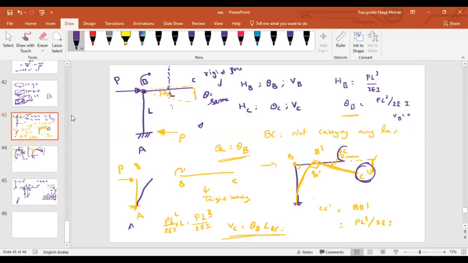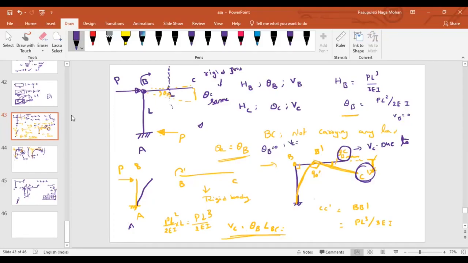Deflection at point C occurred due to what reason? If rotation at point B is equal to 0, what will be your vertical deflection at point C?